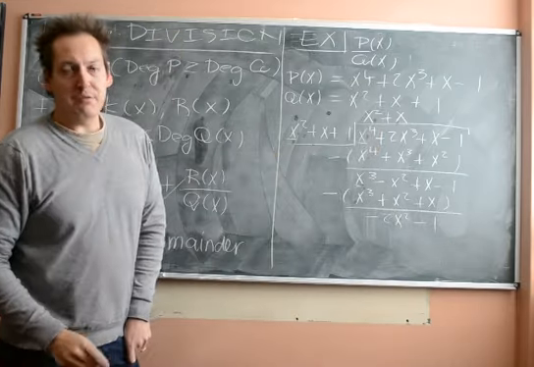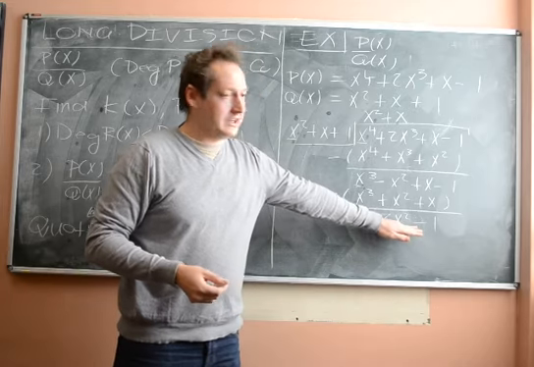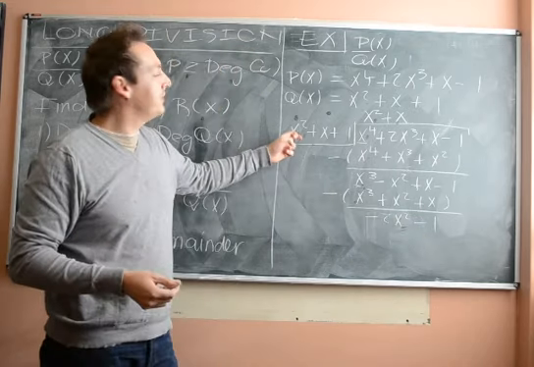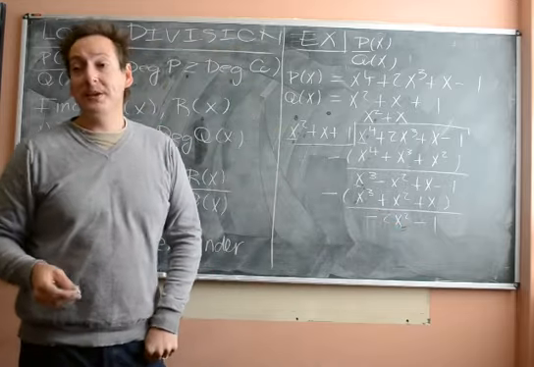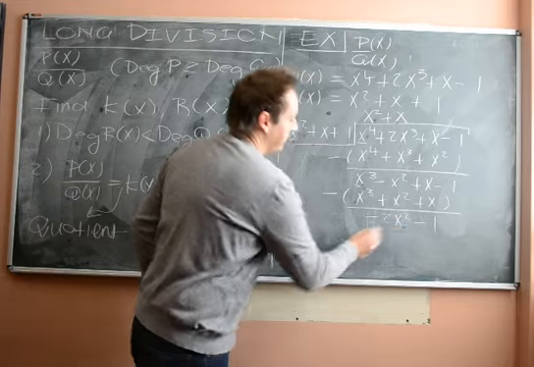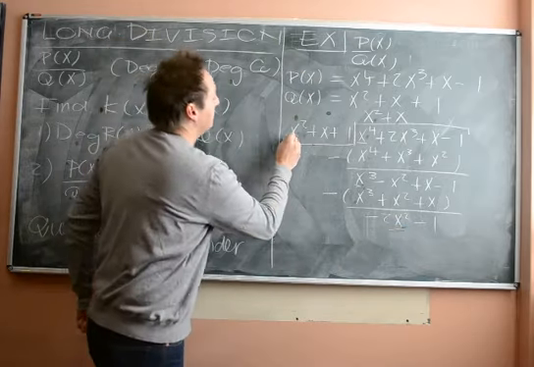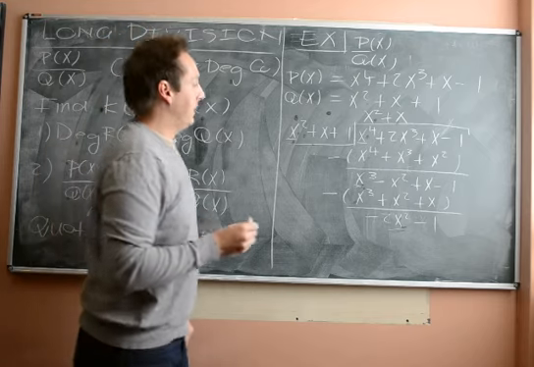Now we're going to continue this process until the degree of our answer here is lower than the degree of the divisor. So now we have an x squared and an x squared, so we're not quite there yet. We again take the leading term there and divide it by the leading term in q. So we take minus 2x squared, we divide it by x squared.